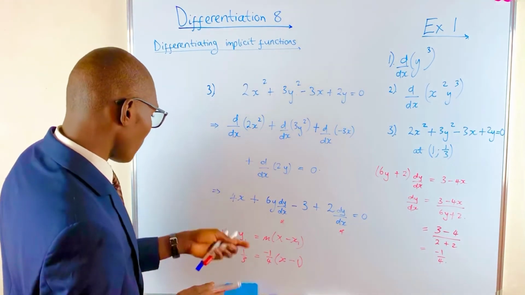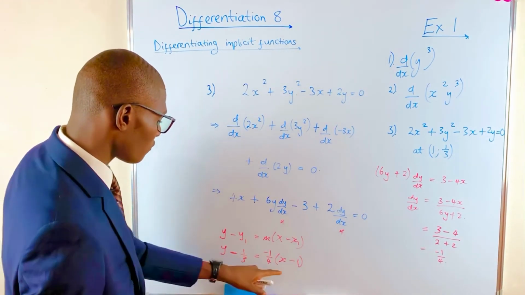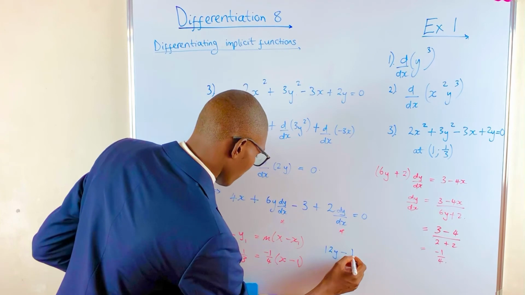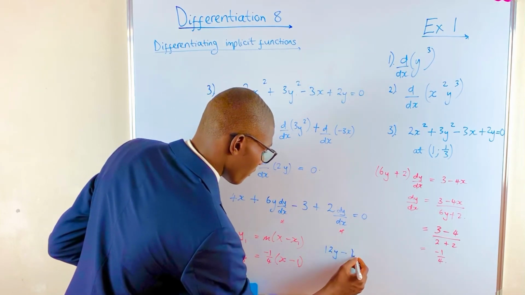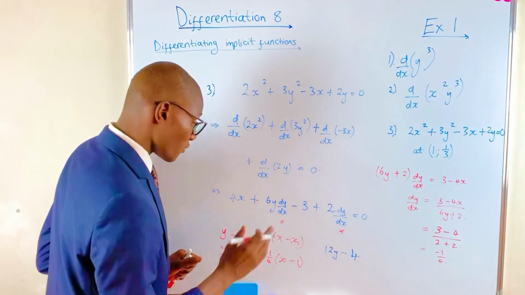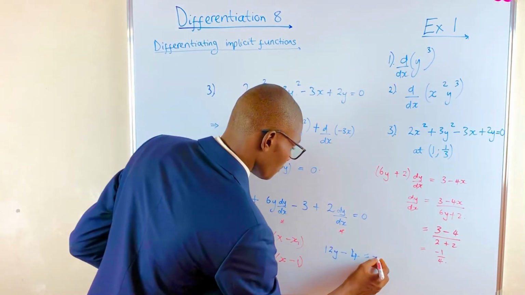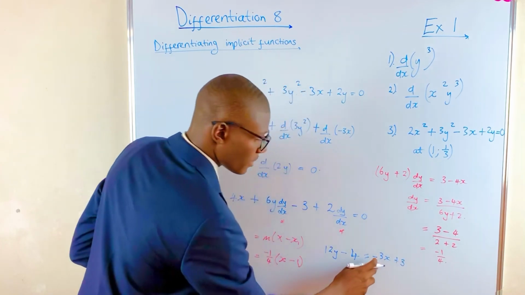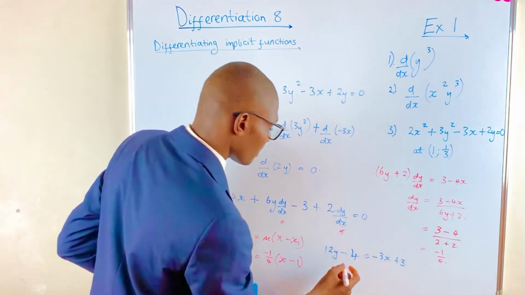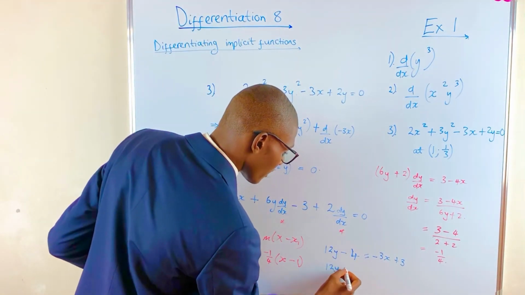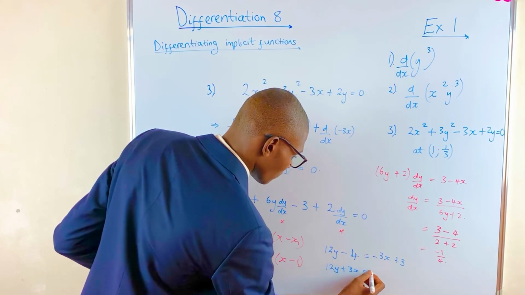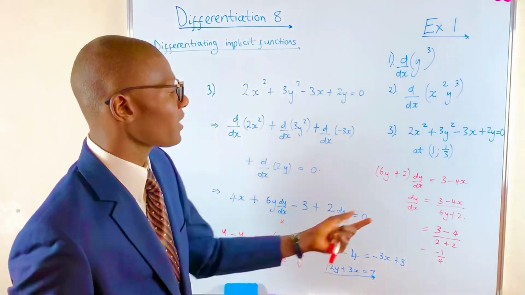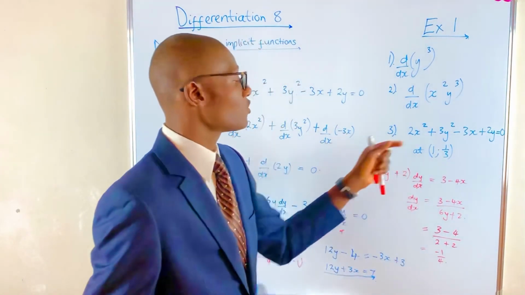And then we multiply throughout by 12, and we shall get 12y minus 4, equals 1 over 3 times 12, we get a 4, should be equal to minus 3x plus 3. So we can take the minus 3x to that side and the minus 4 to that side to get 12y plus 3x is equal to 7. So now this would be the equation of the tangent at this specific point to that curve.